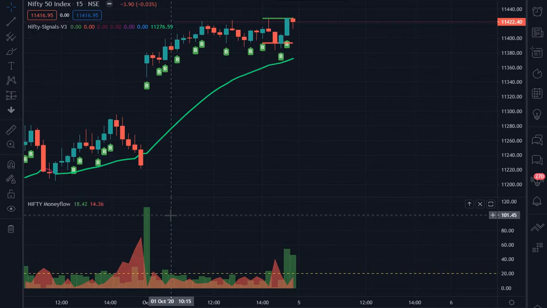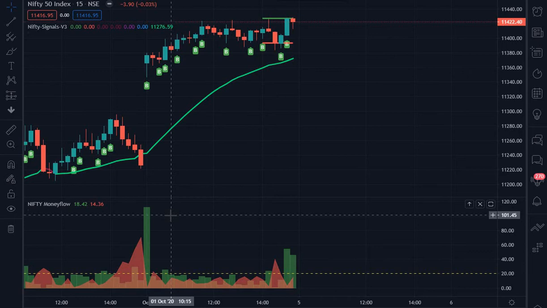The system helps you understand whether the trend is going up, going down, or is range bound. So basically, it helps in three kinds of market scenarios: when the trend is on the long side, when the trend is on the short side, and when it is range bound.